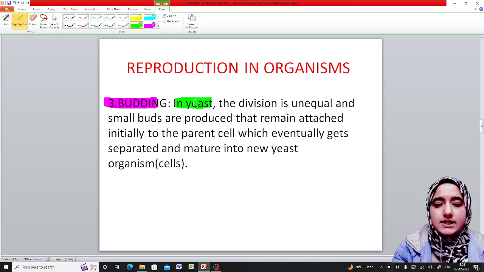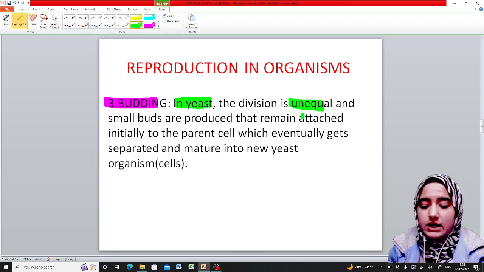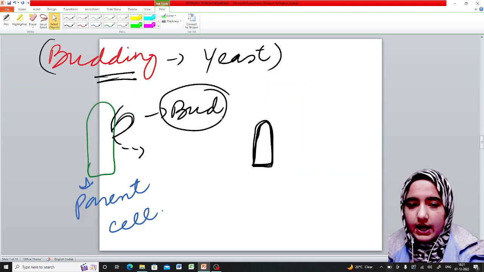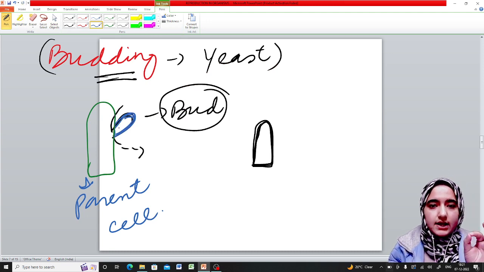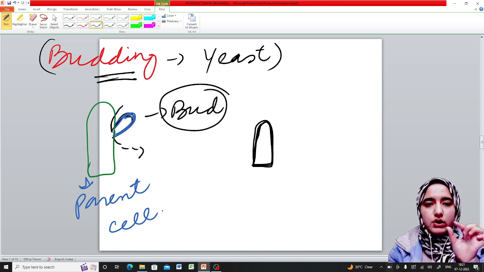Budding occurs in yeast and the division is unequal, as you can see. In budding, the bud is not exactly the size of its parent cell. It's smaller than the parent cell. That's why we say this division is unequal.